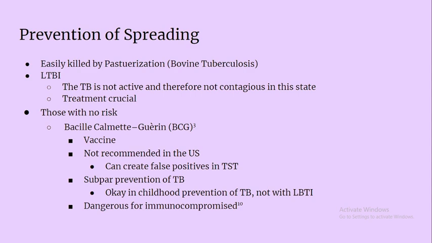Pasteurization kills it. And for prevention of spreading with LTBI, there's not really much to do. You want to be treated for your LTBI to make sure that it doesn't become active TB, which you can then spread to someone. But since it's not active, it's not contagious otherwise.